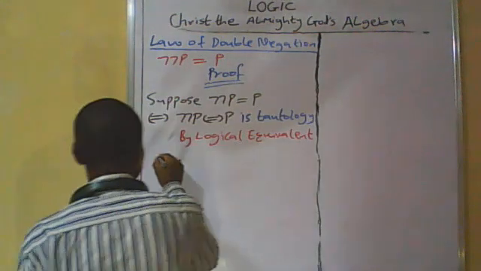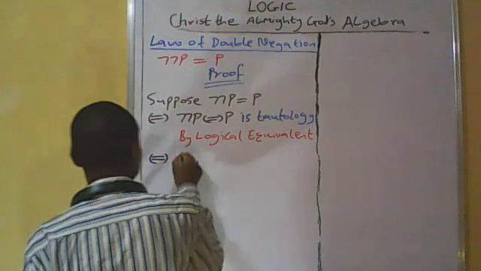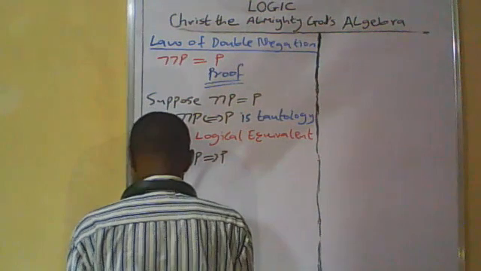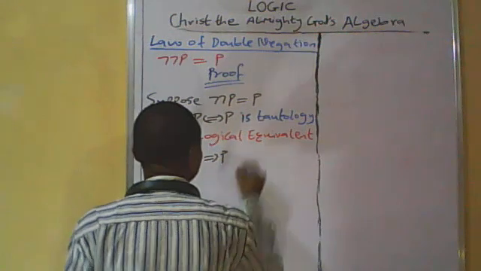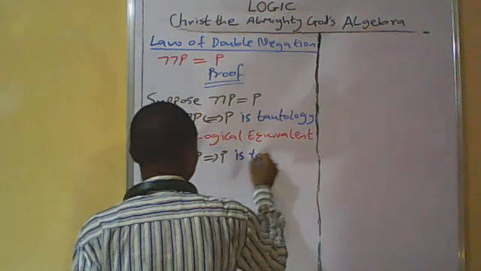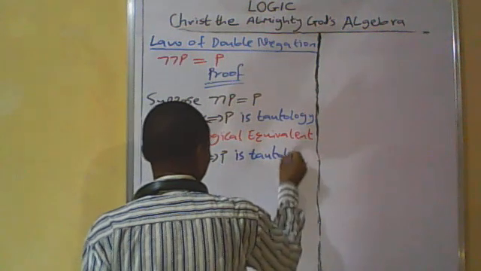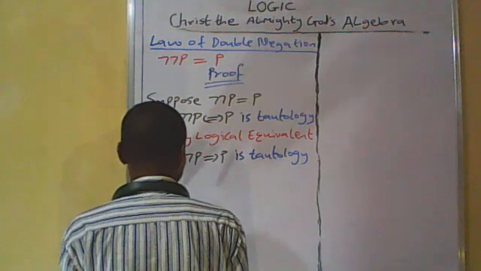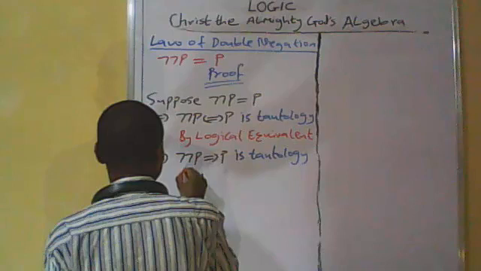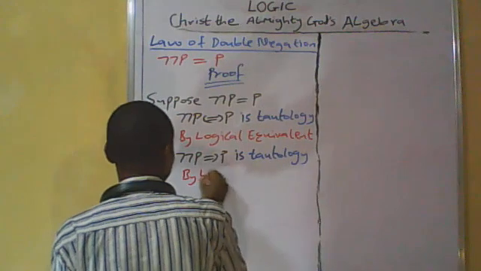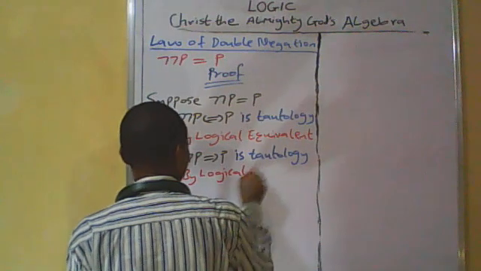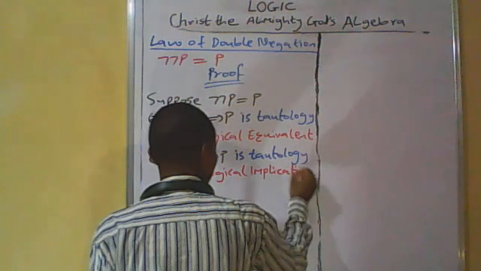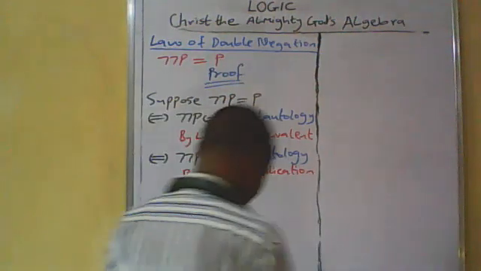So if and only if not not P implies P is a tautology, being justified by logical implication.